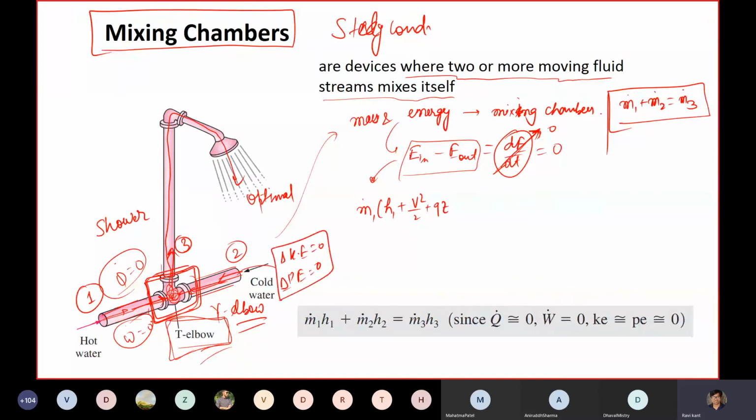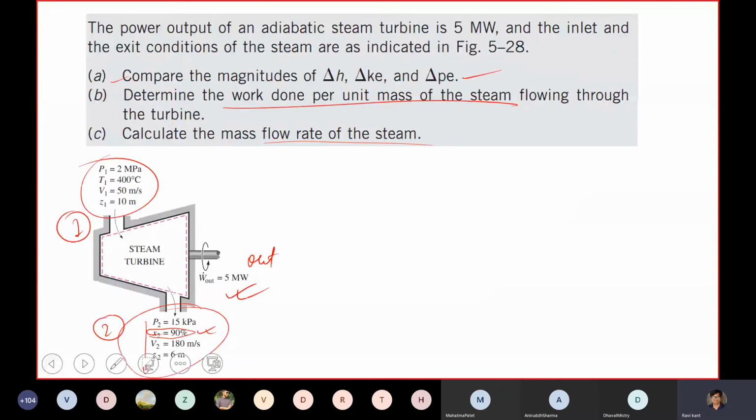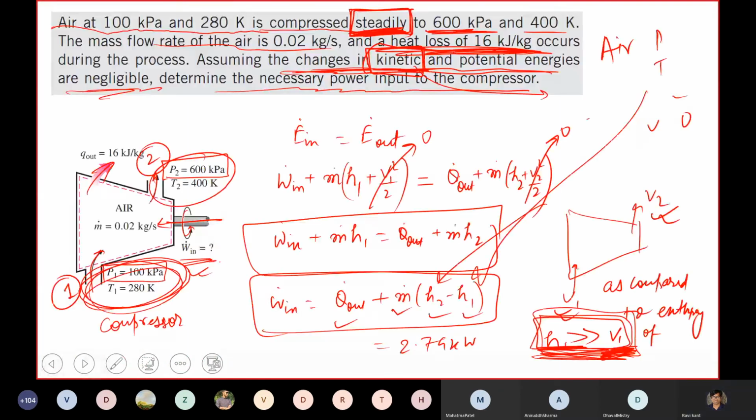So one thing I want to add, as I have commented about this enthalpy: for turbines and compressors, the change in enthalpy is much greater than the change in the velocities that is occurring across 1 to 2.